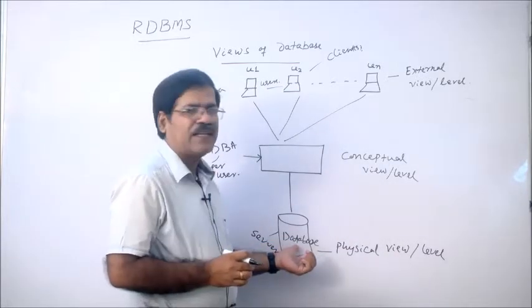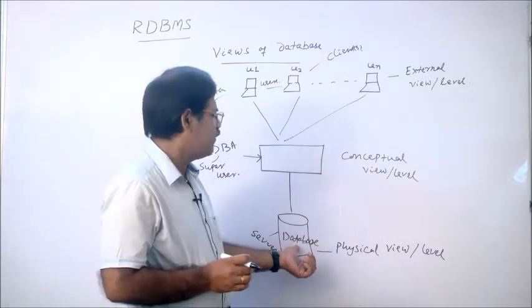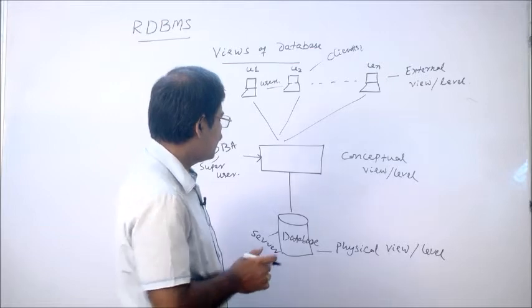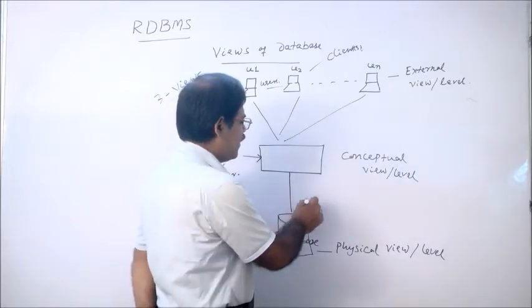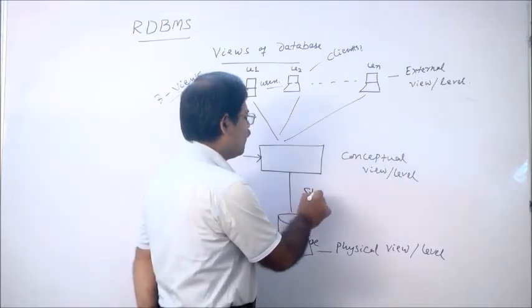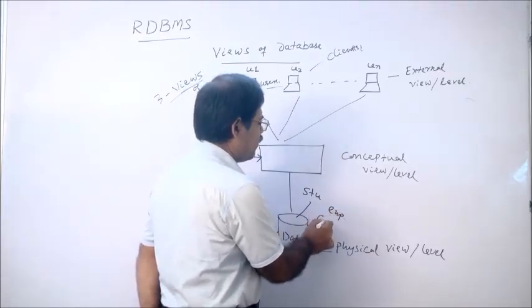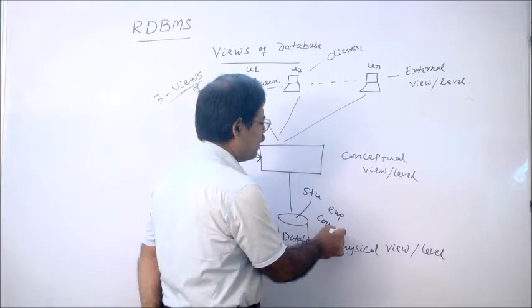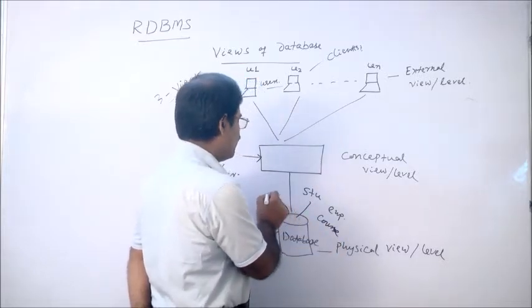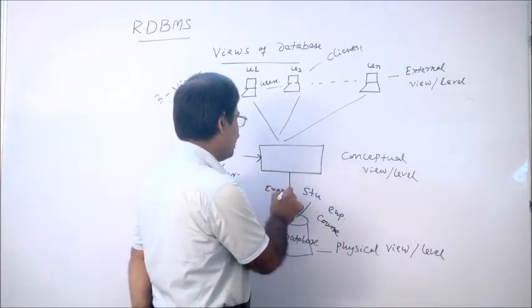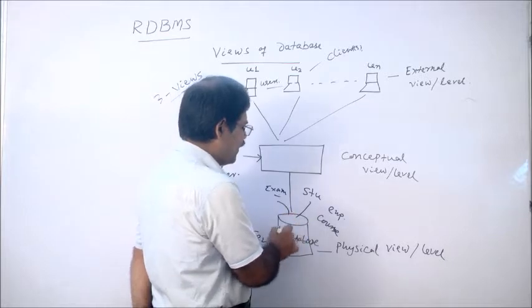Suppose in a particular organization, let it be a college or a university, the database has a number of tables, let it be student table, employee table, course table, maybe some exam section tables, so exam table may be there. All the tables are maintained in a database.